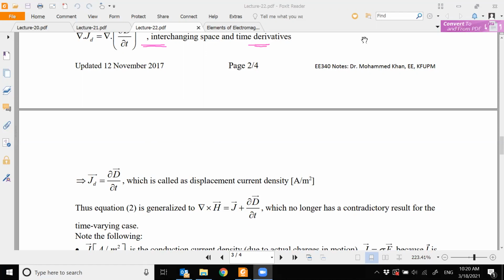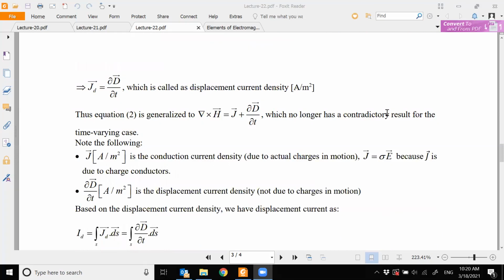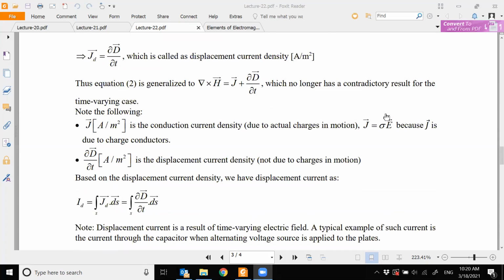And therefore, the generalized Ampere's law is now this one, which is del cross H is equal to J plus J bar. And J plus J bar is J plus dou D bar over dou t. This is called the generalized form of Ampere's law.